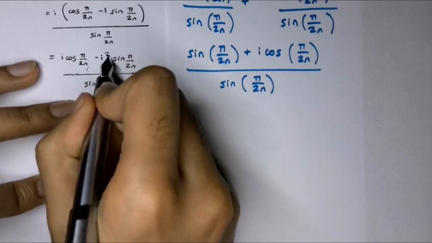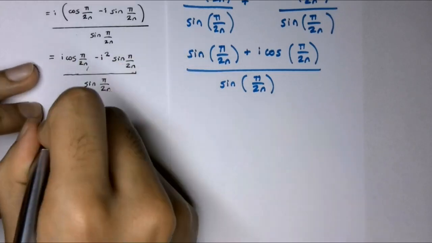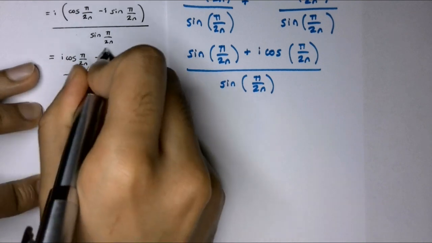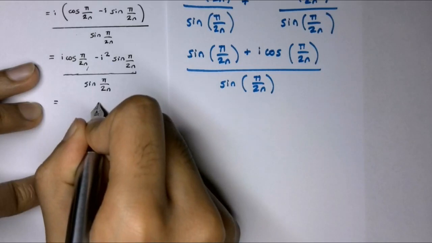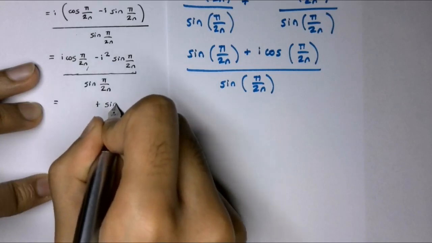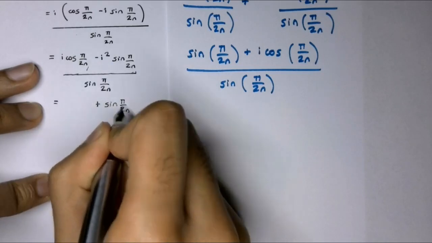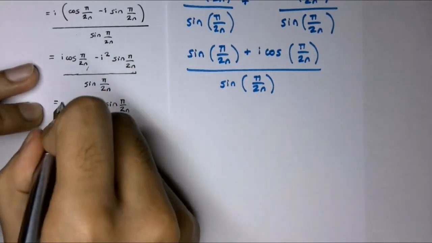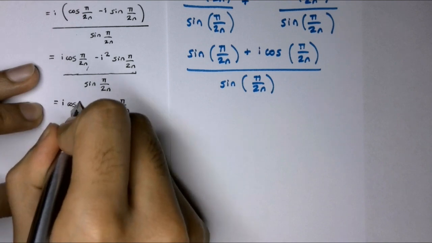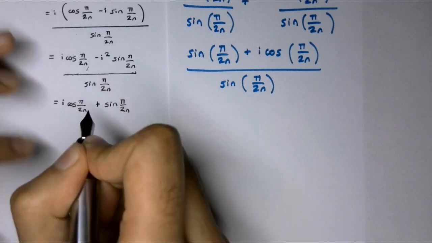Now, what is i squared? That's minus 1. So this result over here is positive sine of pi over 2n because minus i squared is just positive 1. And then over here we have the i cos of pi over 2n.